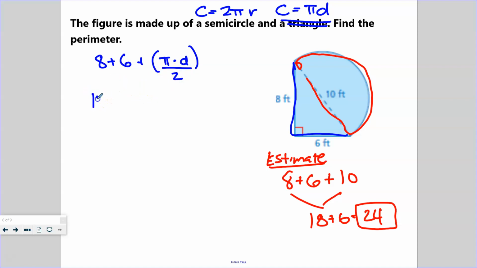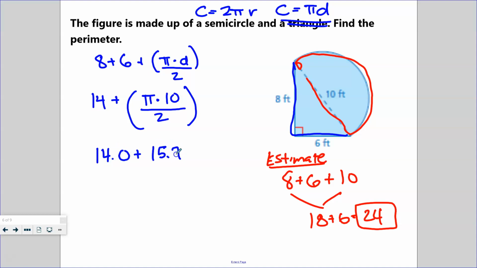So 8 plus 6 is 14, plus, again, pi times 10 divided by 2. So if I get my calculator out, 3.14 times 10 divided by 2 equals 15.7, right?